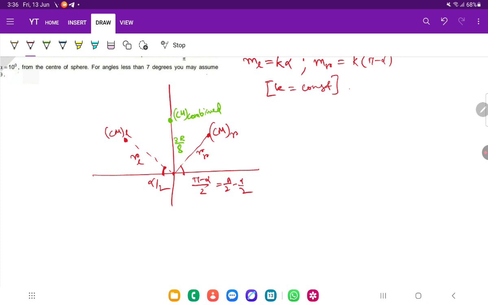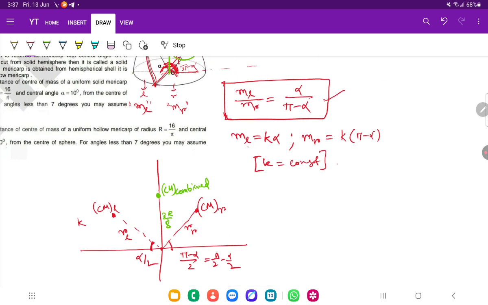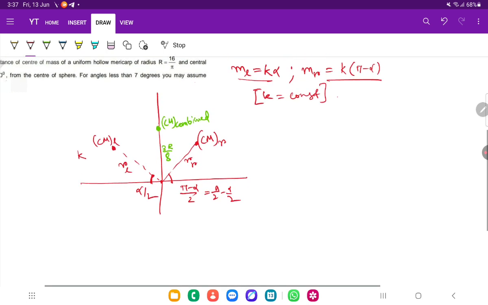So it's kind of an easy problem now, right? That you have two masses. We have already written the masses right here. This is K alpha and this mass is, let's say this is M1 and this is M2, or let's say ML and MR. Let's keep the notations same.